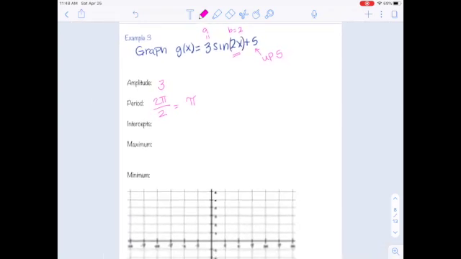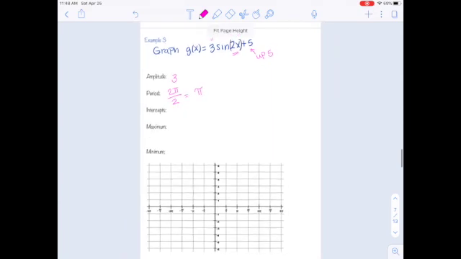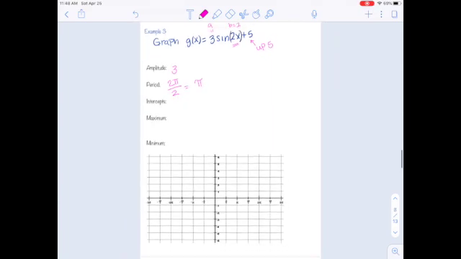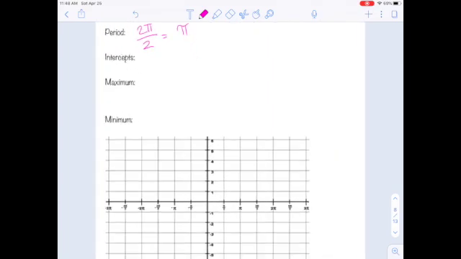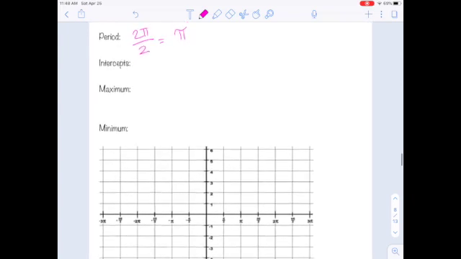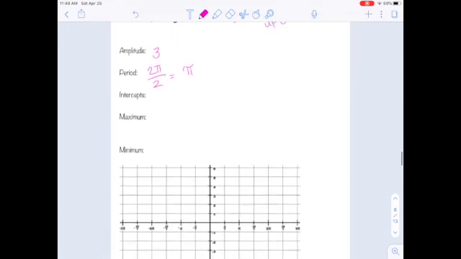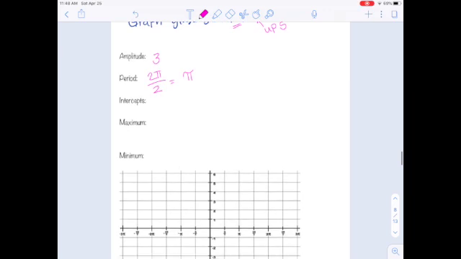All right, let's see what we can do here. Let's give it a graph. So I'm going to first graph ignoring the plus 5. So I labeled my x-axis according to my period. So here's my period of pi. My y-axis is labeled according to my amplitude.